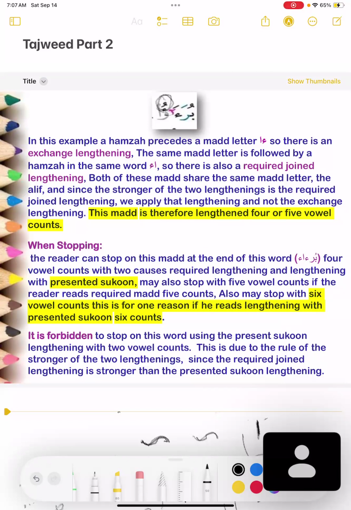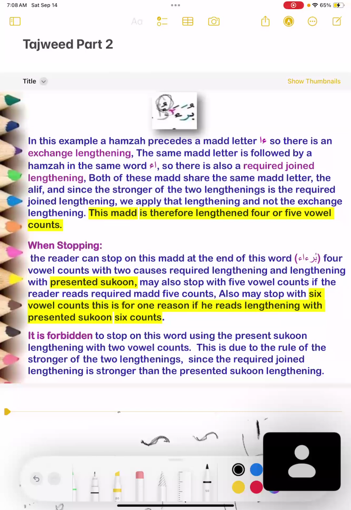It is forbidden to stop on this word using the present sukun and lengthening it only to 2 vowel counts. This is due to the rule of the stronger of the 2 lengthenings. Since the required joint lengthening is stronger than the presented sukun lengthening, what they mean here is you cannot stop this madd with 2 counts.